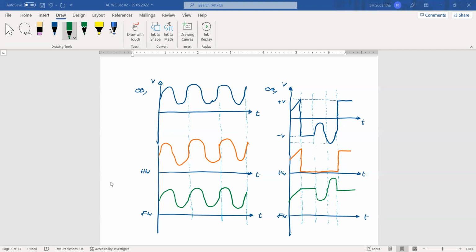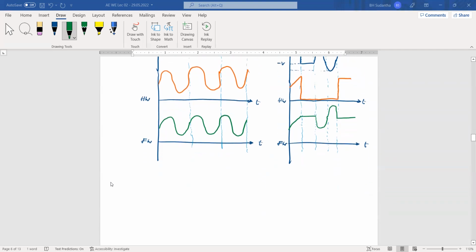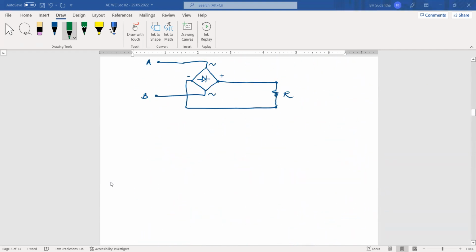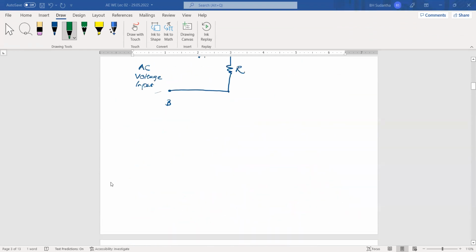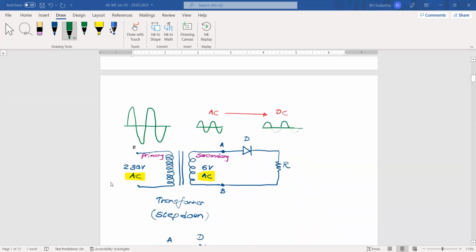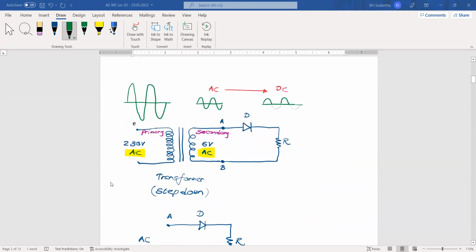Okay, if you don't have any question from these parts, then we can go back to what we have done for full wave rectification and half wave rectification. You can see this half wave rectification. We have converted this AC to DC.